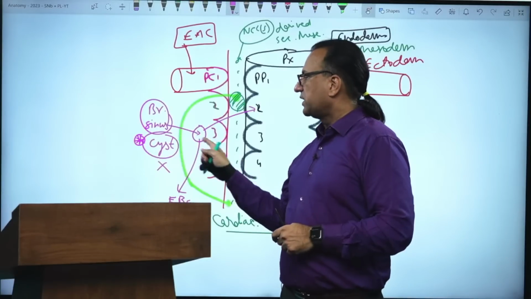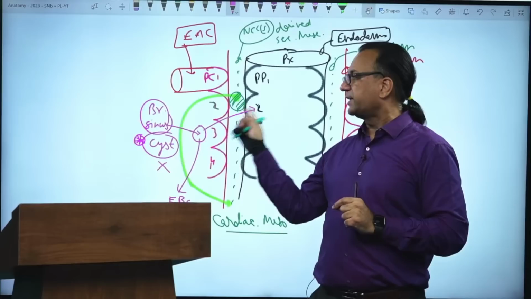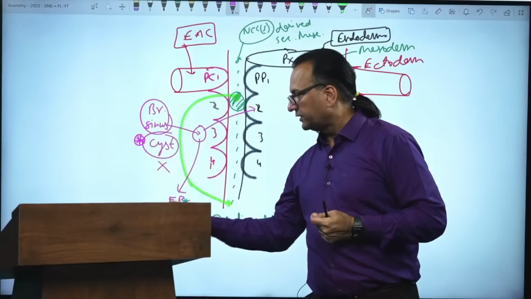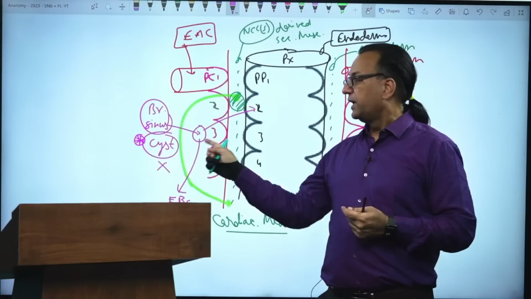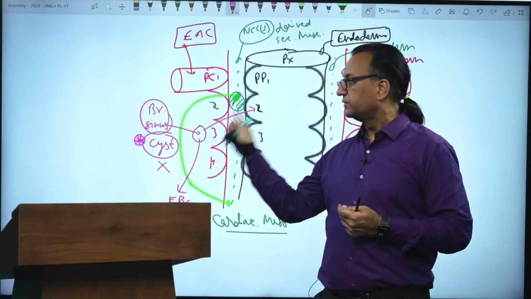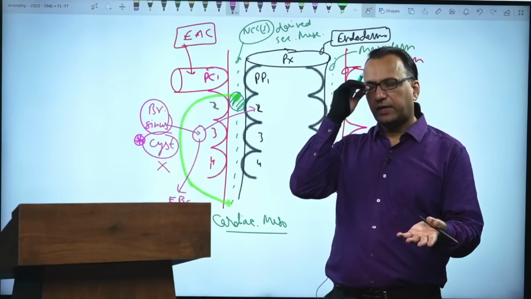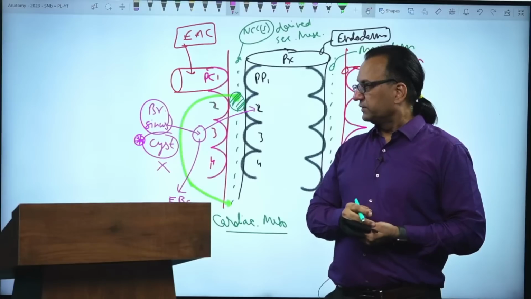So there can be just a branchial cyst, or there can be internal branchial sinus, or there could be just external branchial sinus, just an opening on the skin, or there can be both. Internal branchial sinus plus external branchial sinus together becoming branchial fistula. So a question came, this is a very recent question.